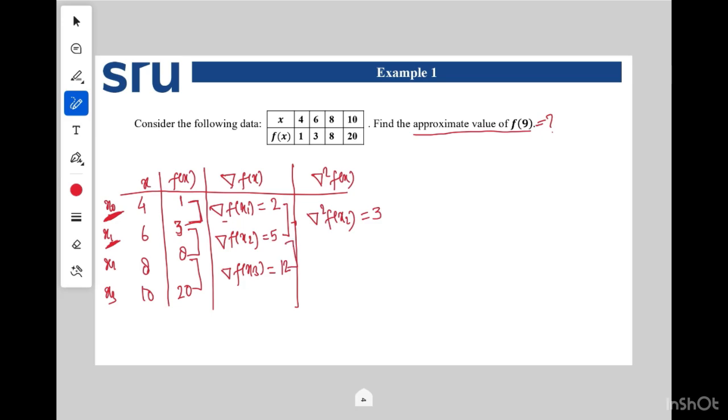Similarly, we can calculate del 2 f of x3. Del 2 f of x3 means del f of x3 minus del f of x2, so it is 12 minus 5, equal to 7.